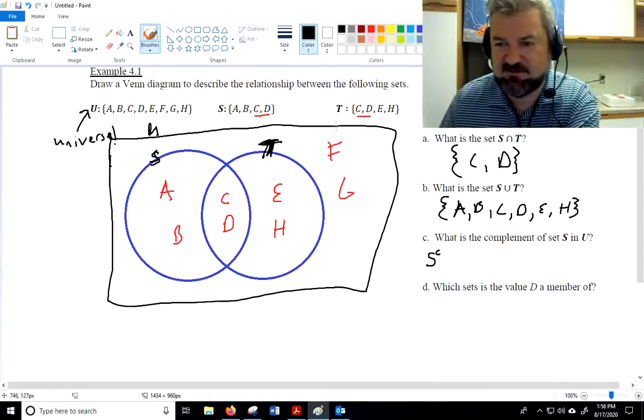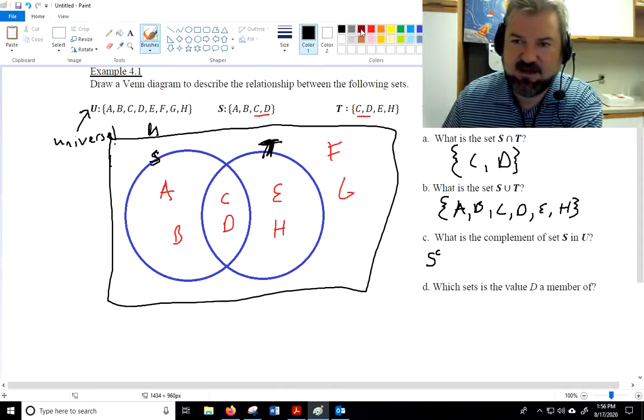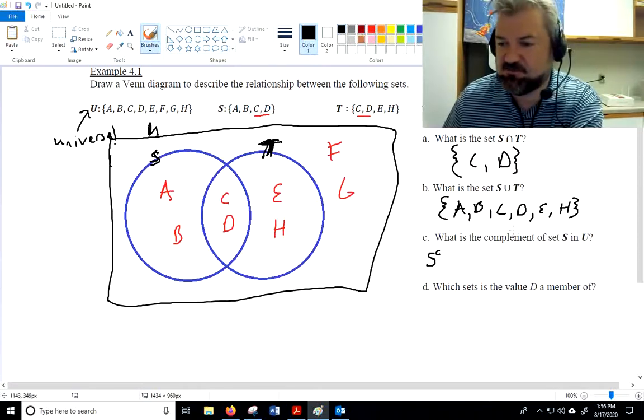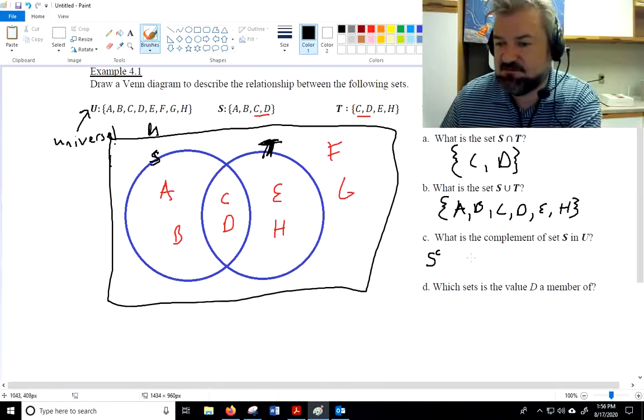What it means, the complement of S in U, it means everything that is not in S. So the things that are not in S are E, H, F, G. And in fact, oftentimes people will describe the complement as simply not S. So that is, we said what? E, H, F, and G.